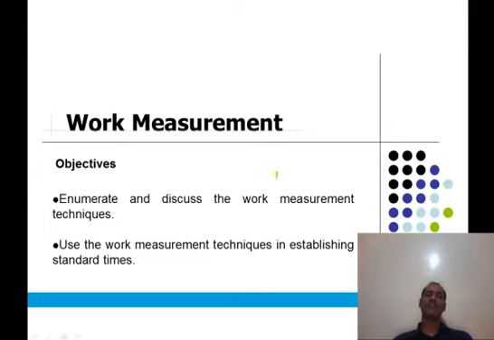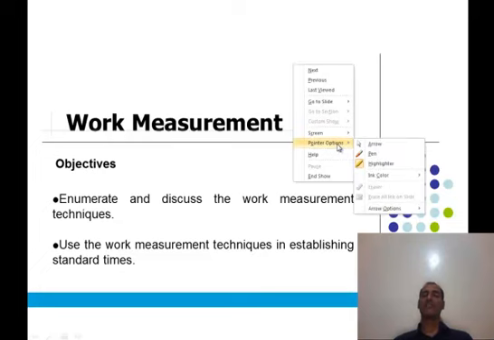And also we can determine the best investments and the selling price of the product. All of these will be obtained from the time standards.